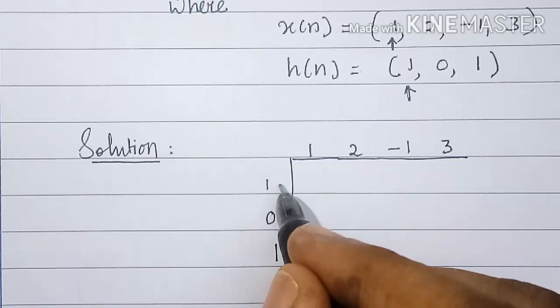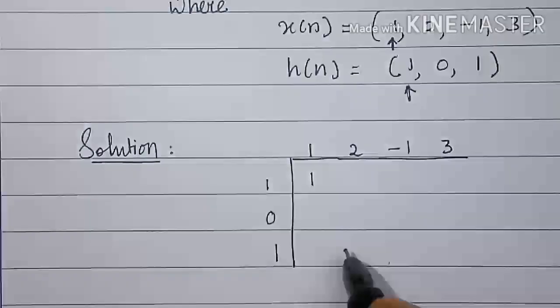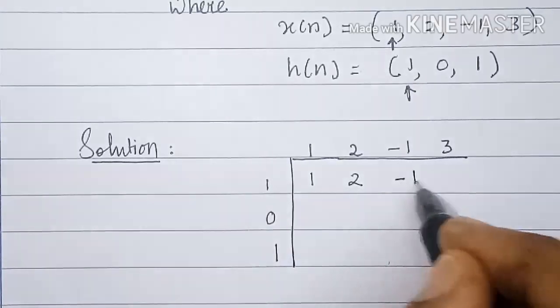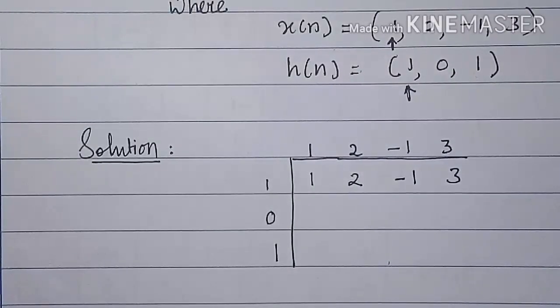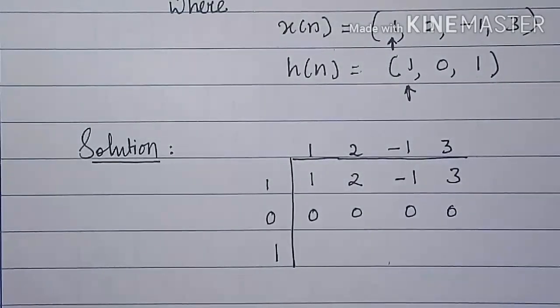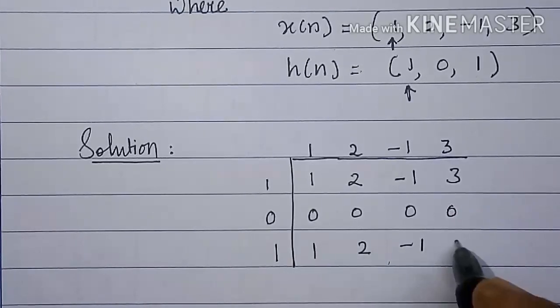Now multiply 1 with 1 and write the product here. 1 with 2, write the product here. 1 with minus 1, write the product here. 1 with 3 and write the product here. And so on. That is 0, 0, 0, 0. 1, 2, minus 1, 3.